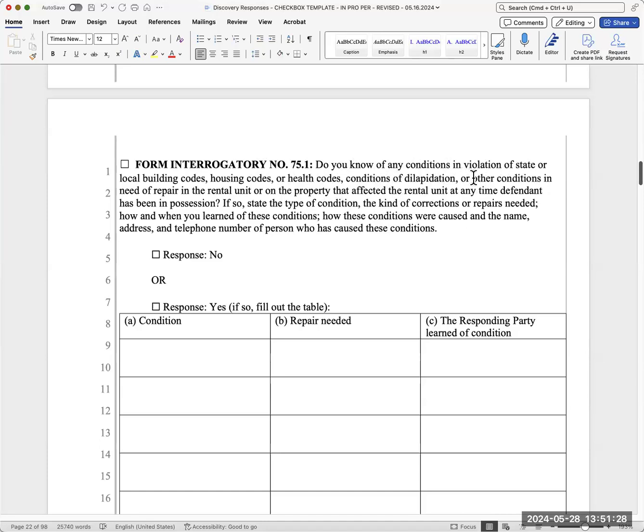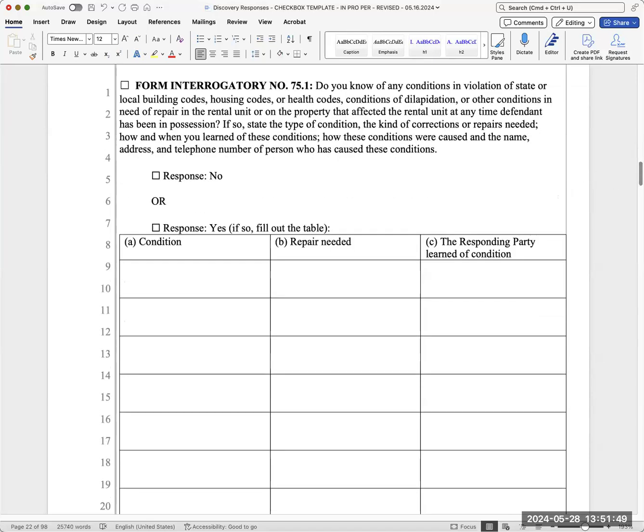And one of them can be conditions in need of repair in the rental unit or on the property that affected the rental unit at any time the defendant has been in possession. If so, state the type of condition, the kind of corrections or repairs needed, how and when you learned of these conditions, how these conditions were caused, and the name, address, and telephone number of the person who caused these conditions.